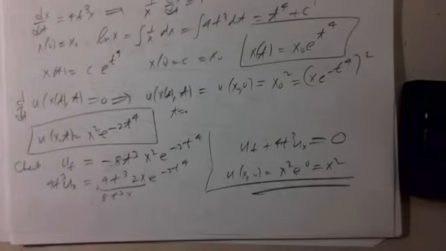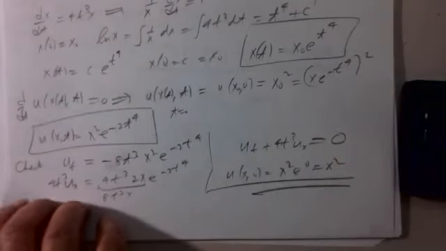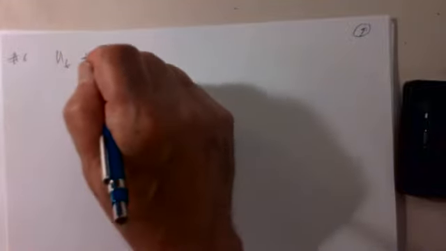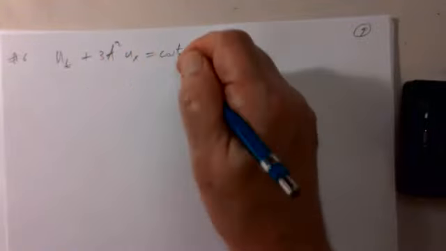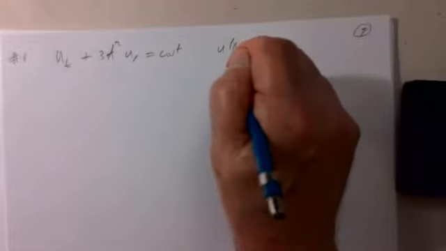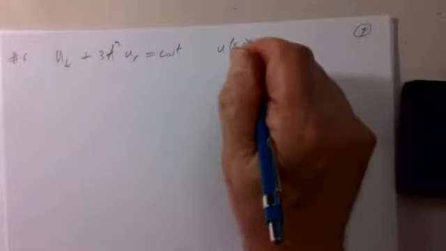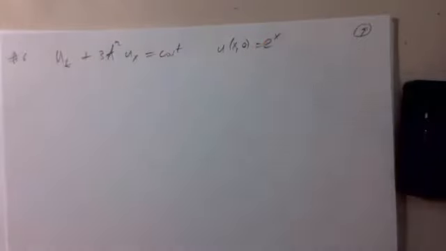So this was using the method of characteristics or coordinates to solve a homogeneous partial differential equation. And the last problem was a non-homogeneous equation. It was the following. This is number 6. We have u sub t plus 3t squared u sub x is cosine t with the initial condition that at time 0, u of x, 0 is equal to e to the x.